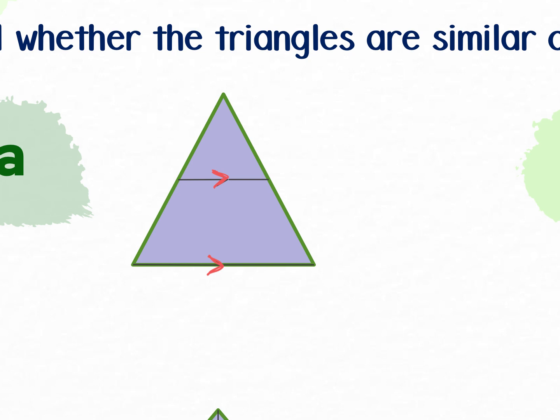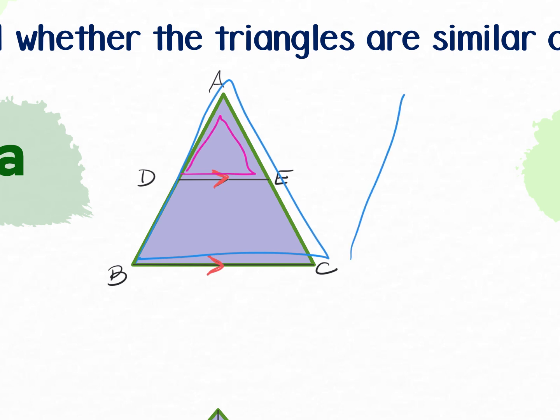So I'm going to add the variable A up here, then B down here, C, and then D and E. Now the 2 triangles that it's asking me to prove are similar are going to be this little one that's up here on the top, compared to the whole big one, the ABC. So let me go ahead and redraw them. So this is triangle ABC, and then I have the little one up at the top, the ADE.